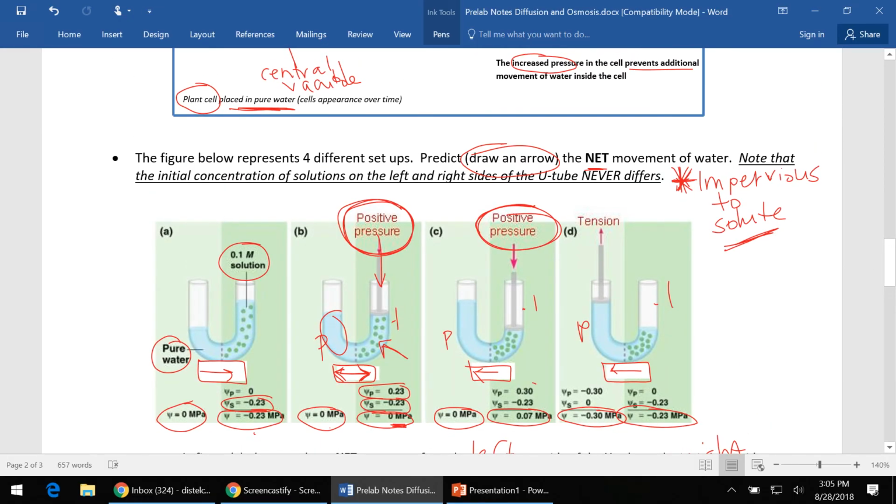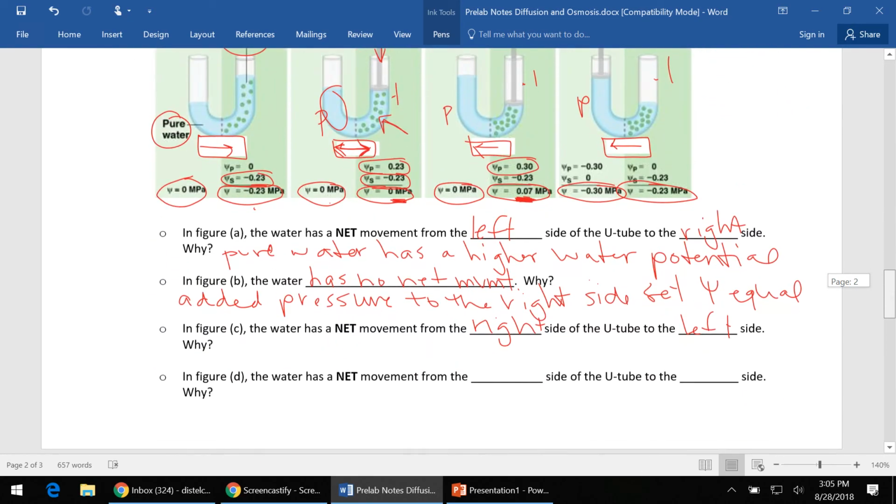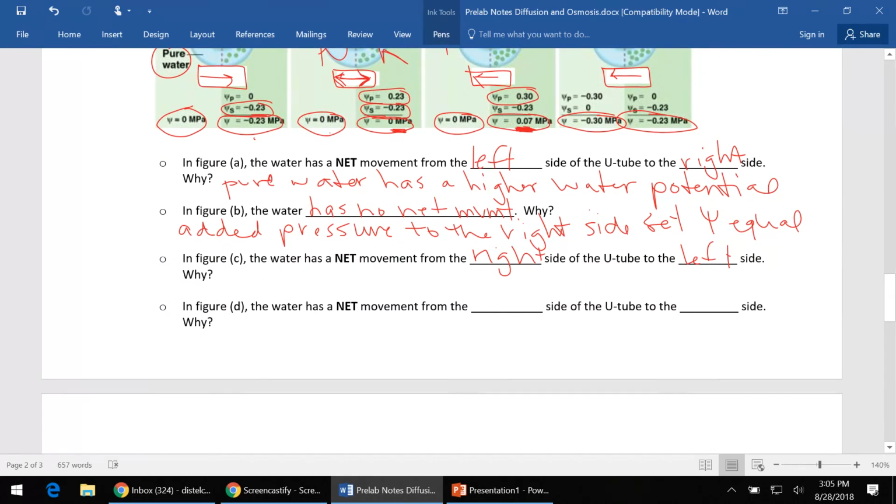But this time we upped the pressure, 0.3. Solute potential was negative 0.23, so that actually gave us a water potential of positive 0.07, which was more than pure water. So again, the right side has a greater water potential due to increased pressure.